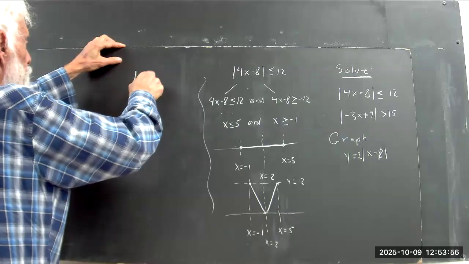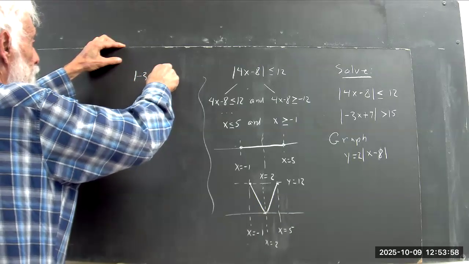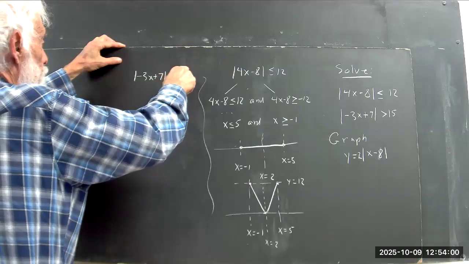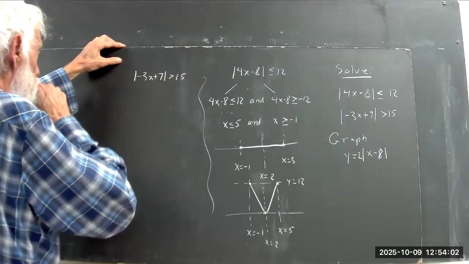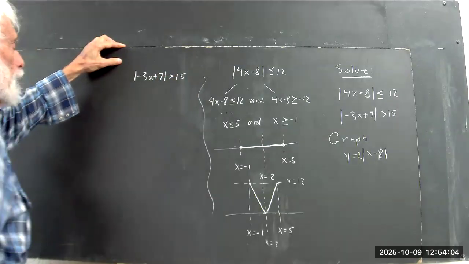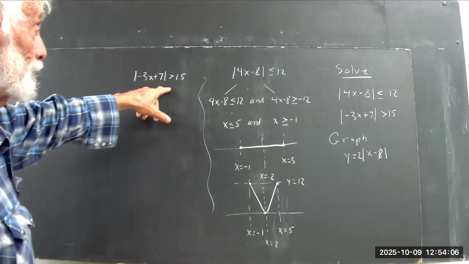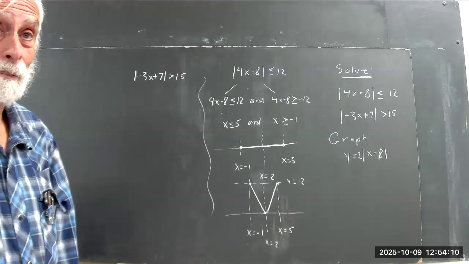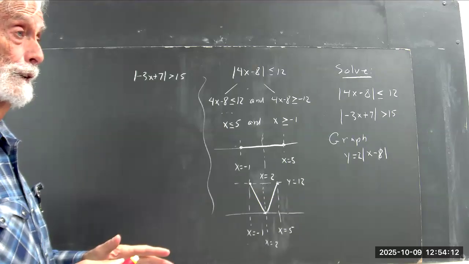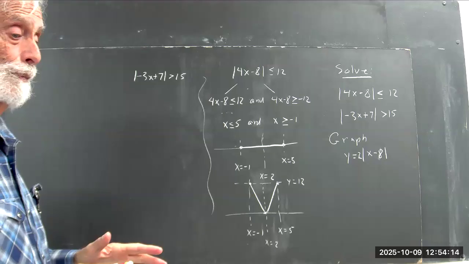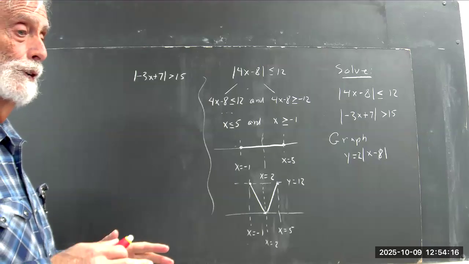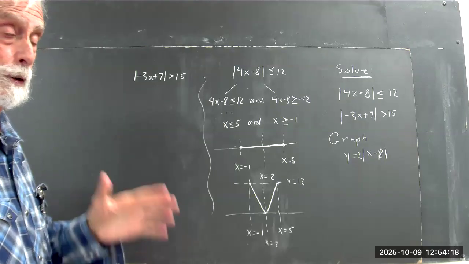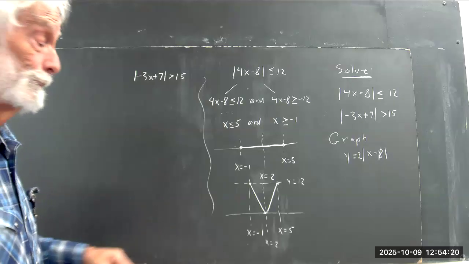Okay, we have the absolute value of negative 3x plus 7 greater than 15. This means that it's not less than 15. If it's not less than 15, that means it's either greater than 15 or less than negative 15.